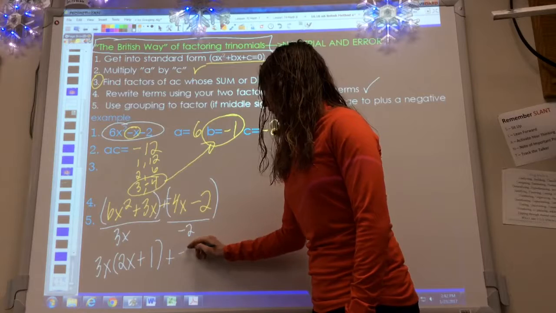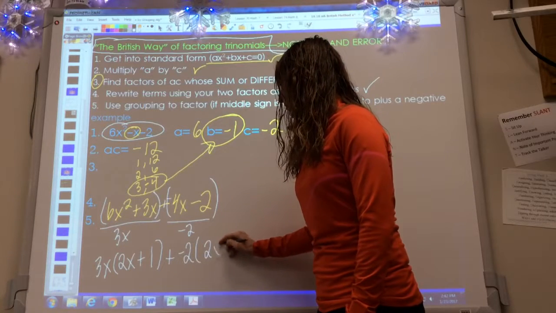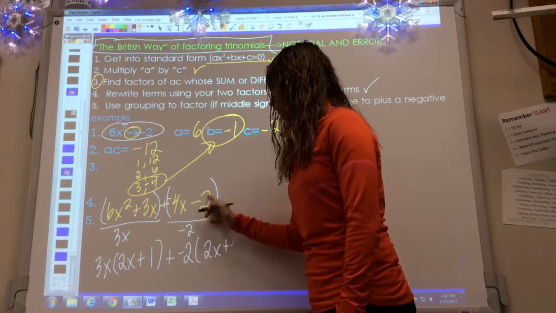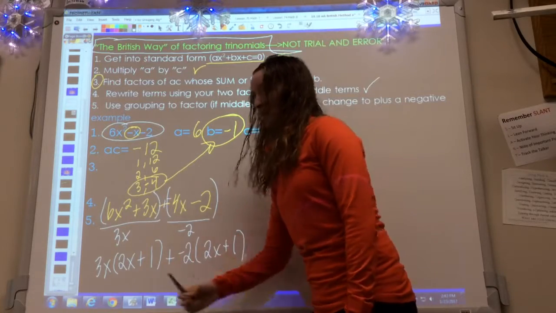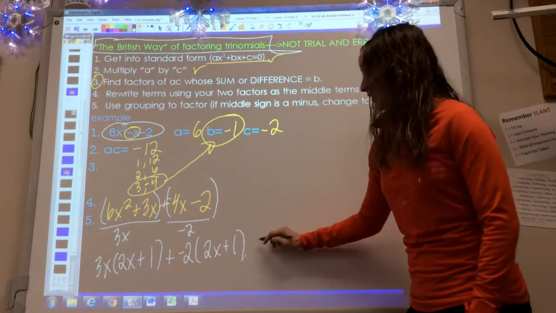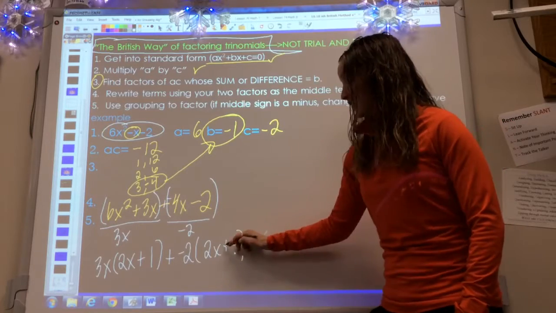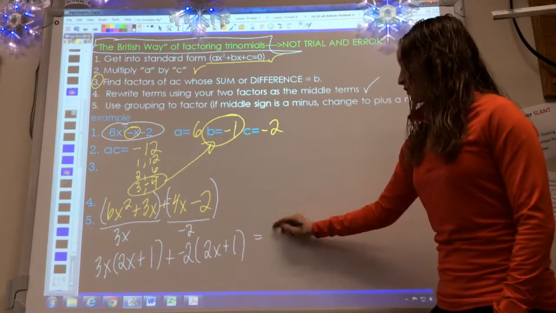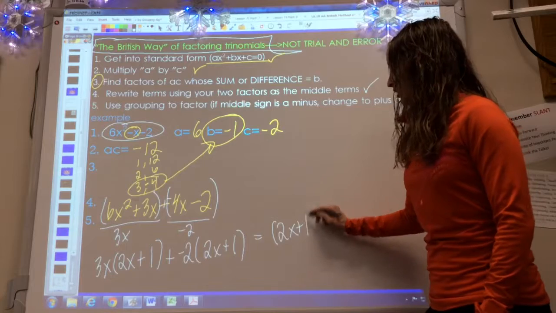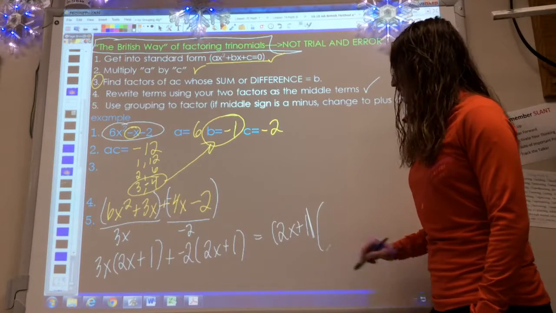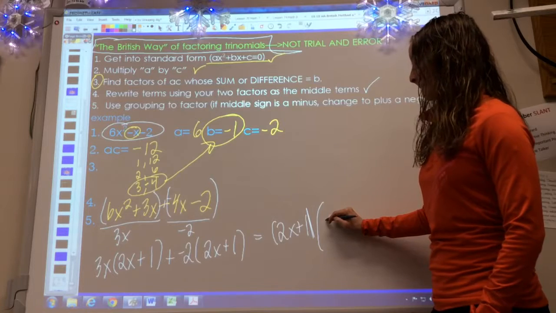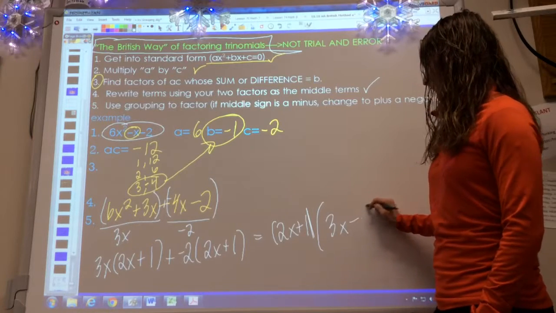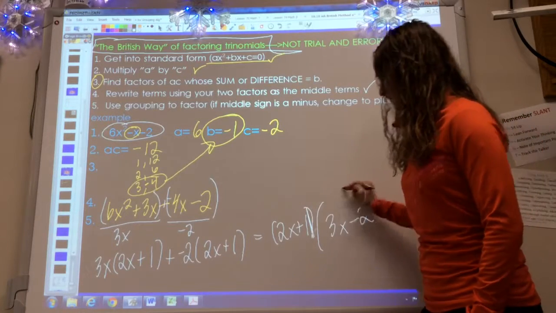And when we do that, we are going to get 2x plus 1. We are so close to being done. Last step, factor out what is in common with both, giving us 2x plus 1, leaving us with... excellent.